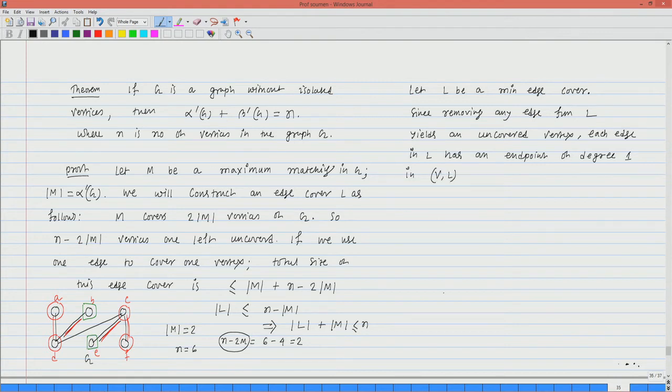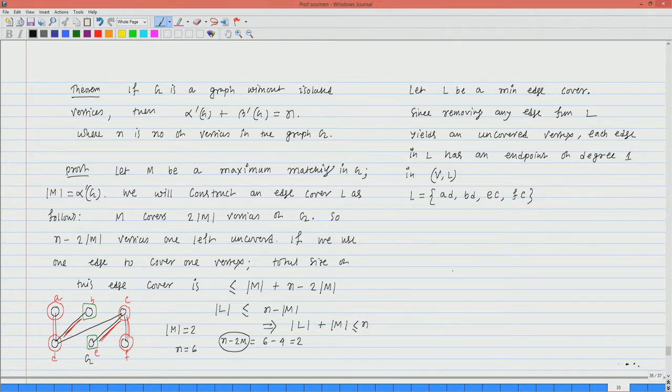Okay, so what is this VL? VL is basically the subgraph. Let me refer to this example again. L consists of the edges AD, BD, EC and FC.